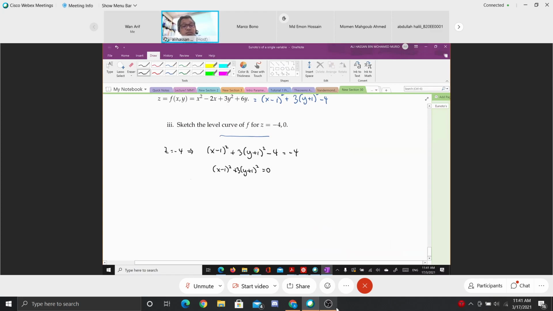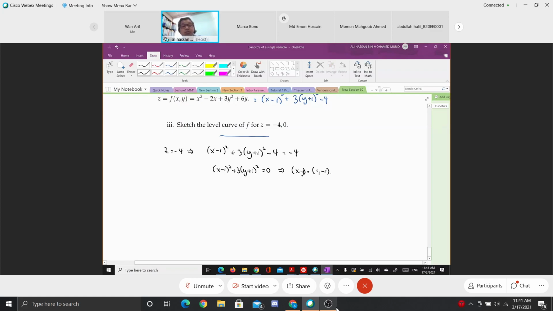Okay, so what does it mean? It is a point, right? The level curve is just a point. It means the point x, y is 1 and minus 1, isn't it?